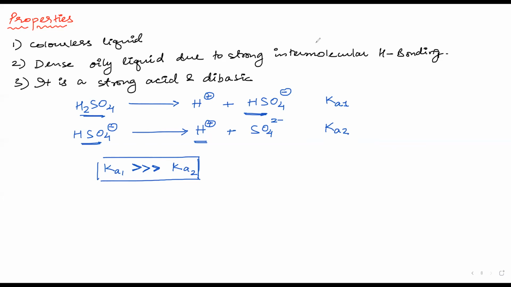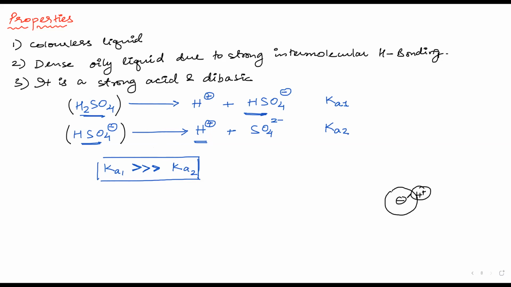There are two things. Now here, H2SO4 is neutral, correct? Doesn't have any charge. And then we are removing a positive charge from a neutral substance. In Ka2, dissociation constant 2, we are removing a positive charge from a negatively charged species. So there is a negative charge here, and we want to remove H positive from here.